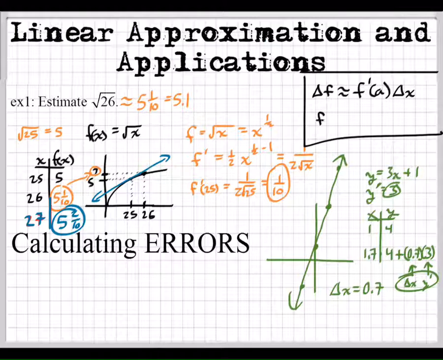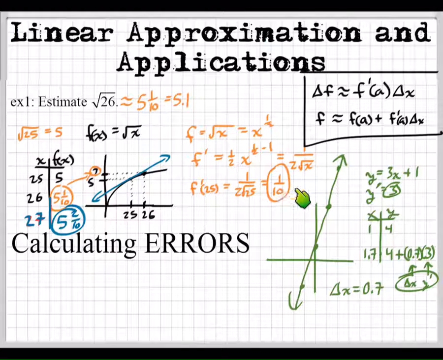What if I just wanted to estimate a y value? That would be approximately equal to f of a plus f prime of a times delta x. And that's what we did right here to find 5 1/10.